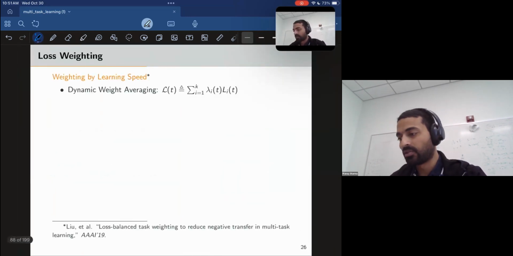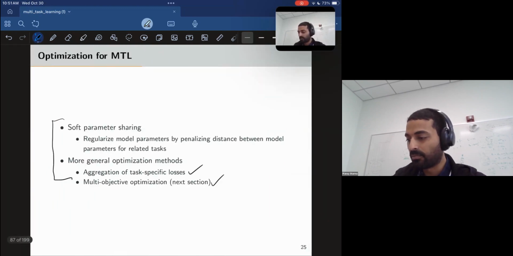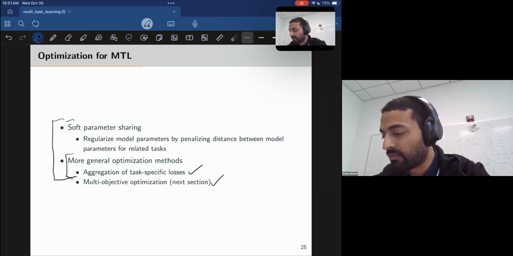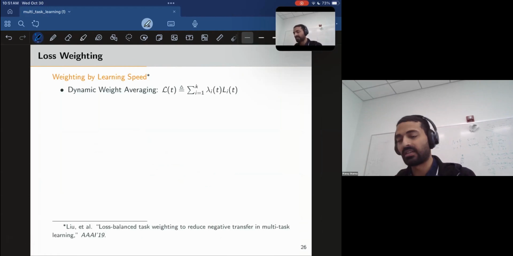So mathematically, this idea of aggregating the task-specific losses is simpler. So let's discuss them first, and then we'll go to regularization. So one way is loss weights.